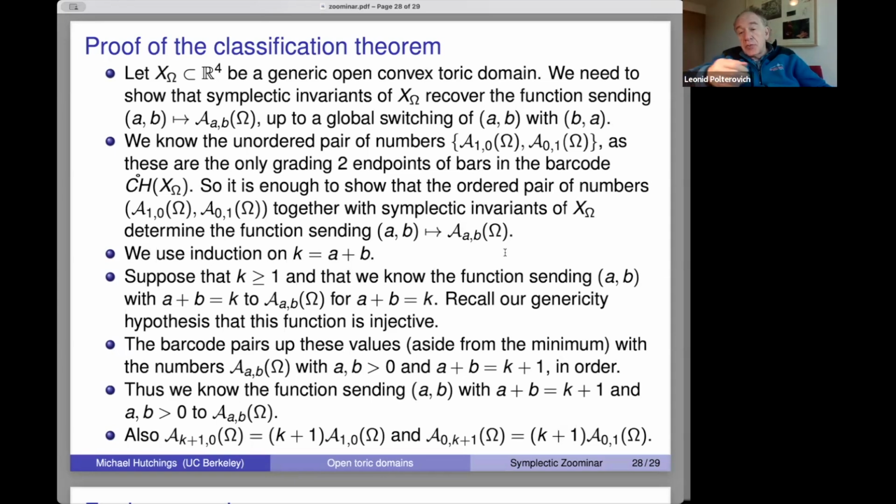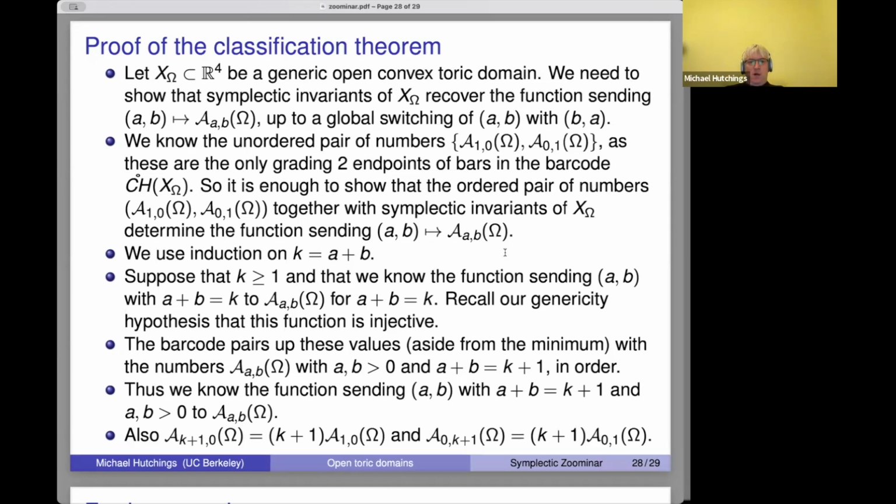So if I give you a barcode, can you tell me whether this barcode belongs to a toric domain? Well, I'm not sure I can tell you for sure that it does, but I can give you various conditions it must satisfy if it comes from a toric domain.